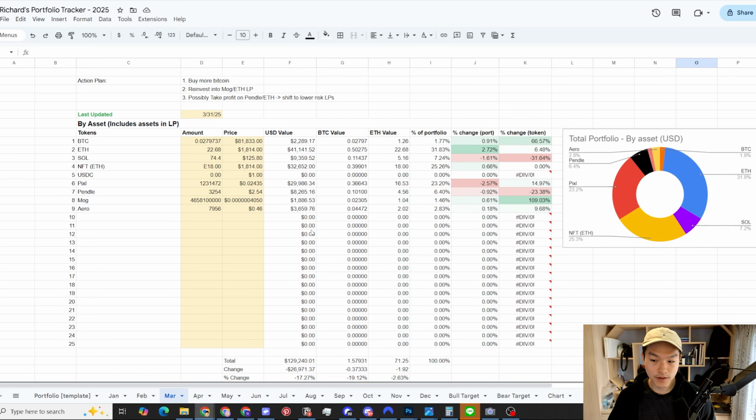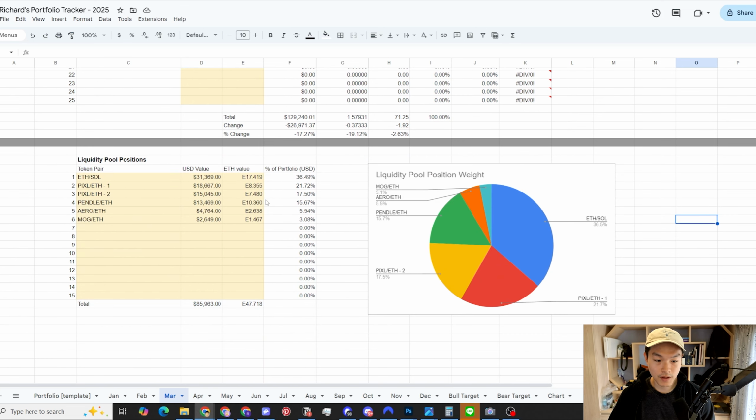And the last part of this is I like to track my assets in the spreadsheet here that I've created recently. I'll share with you guys the link to the template in the description, but basically it gives you a bird's eye view of your total assets. And if you key in the data in the yellow boxes here, the liquidity pool weight.